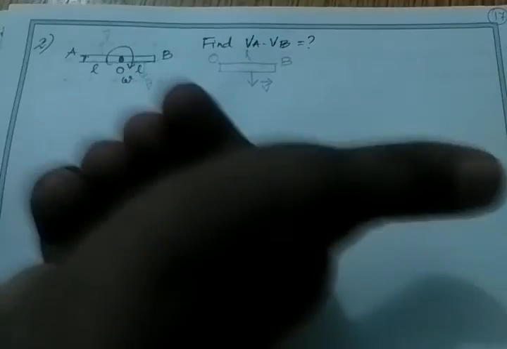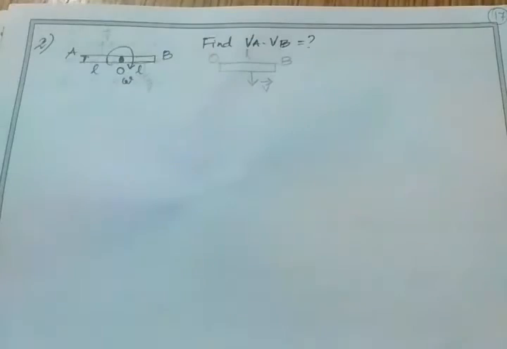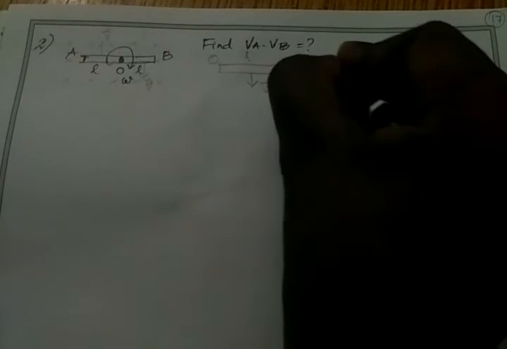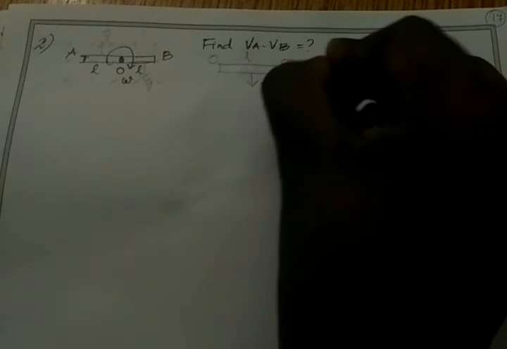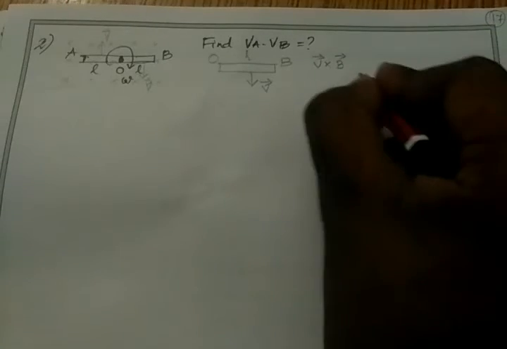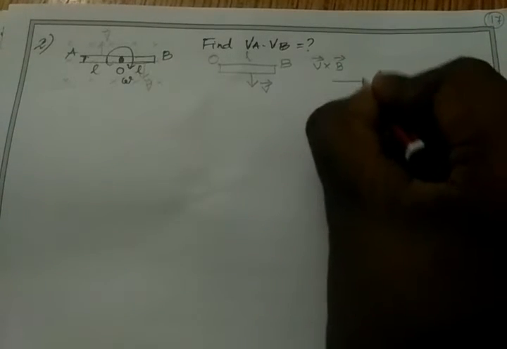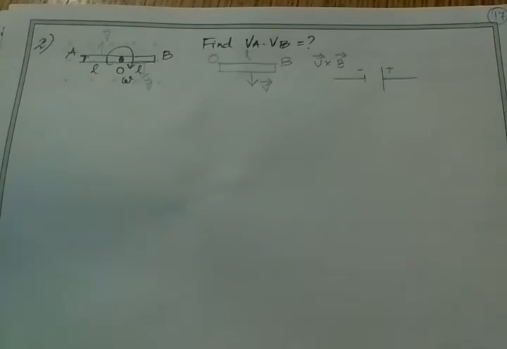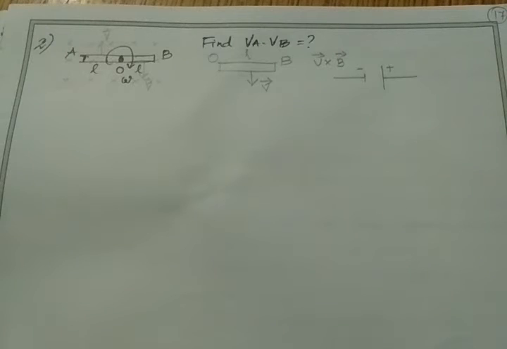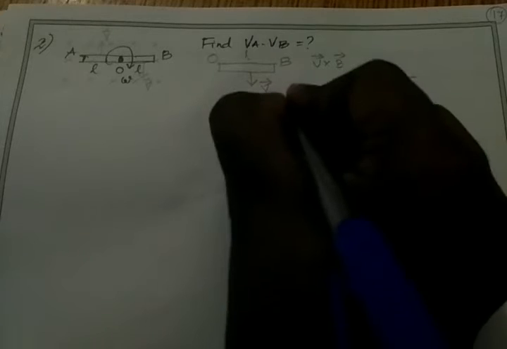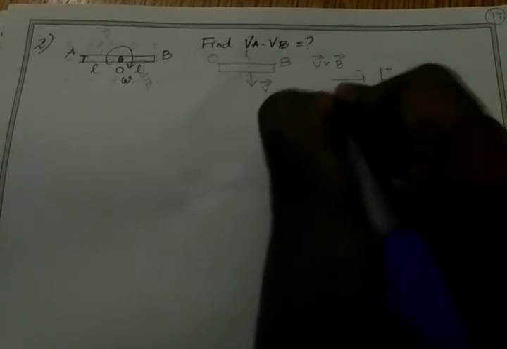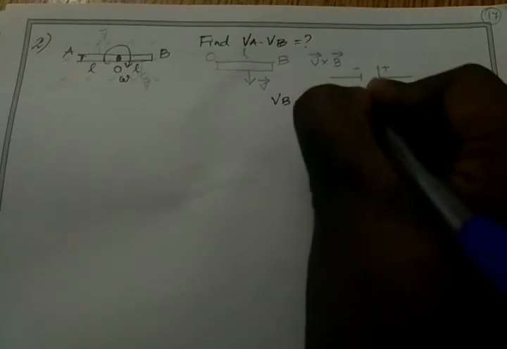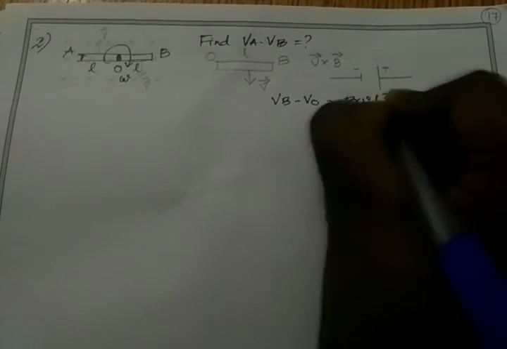When I coil my fingers V cross B, then my thumb shows right side. You try it yourself, you will find. So V cross B direction will be right side. So this is my positive terminal and this is negative terminal, right? So right side will be positive, left side will be negative. So from higher potential to lower potential, I have the positive value VB minus VO equal to, what is the formula? B omega L square divided by 2.